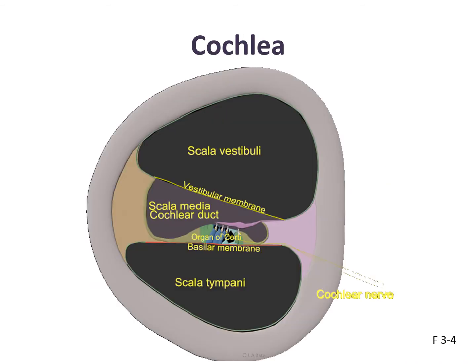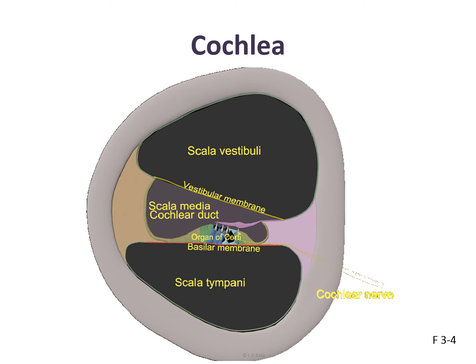The outermost wall represents the bony labyrinth, within which, in the middle, we find the membranous labyrinth. The upper portion constitutes the scala vestibuli, to which the oval window connects in order to deliver the vibration coming from the stirrup.